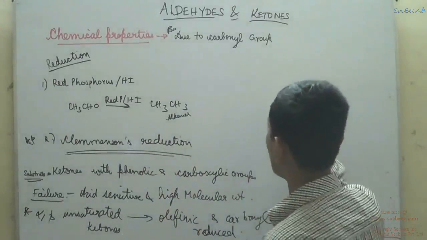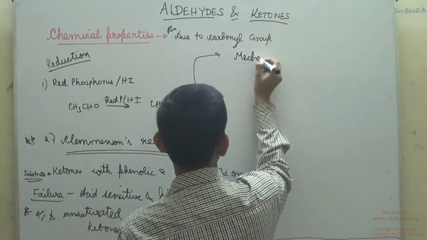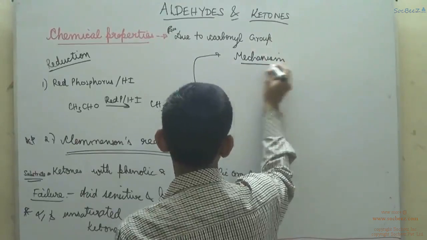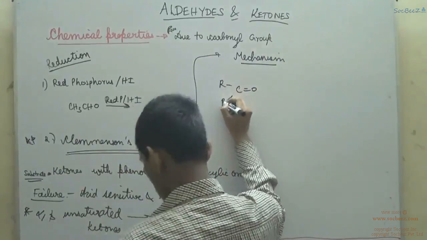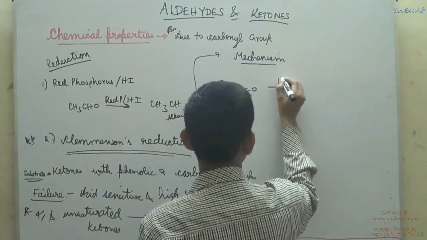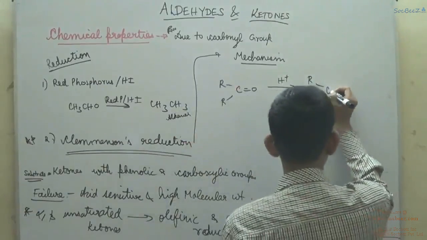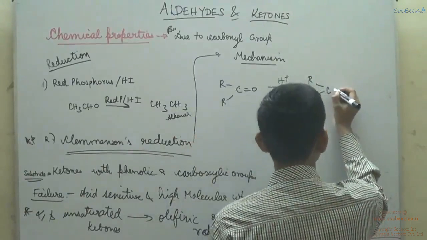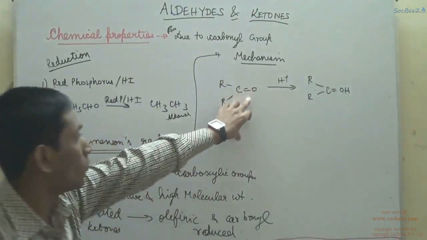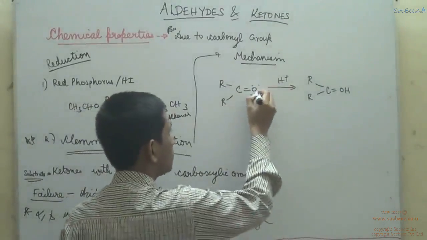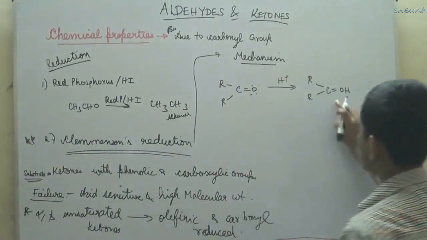So let's go for the mechanism of Clemmensen's reduction. You have a ketone R C double bond O R, and you conduct it in acidic medium. So basically we have studied nucleophilic and electrophilic addition, not to be difficult. Oxygen having the lone pair, H plus goes and adds here, so you get this.